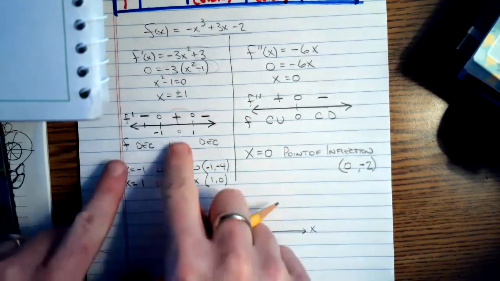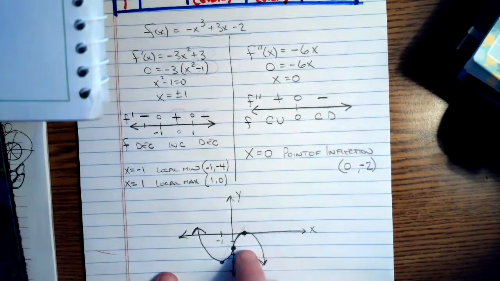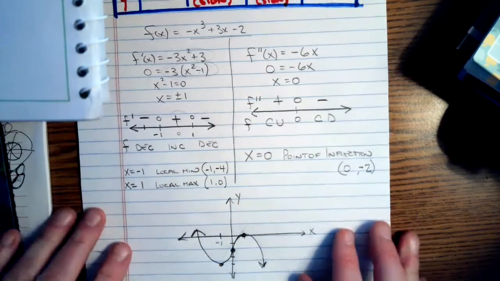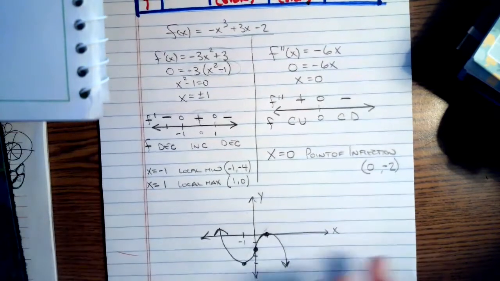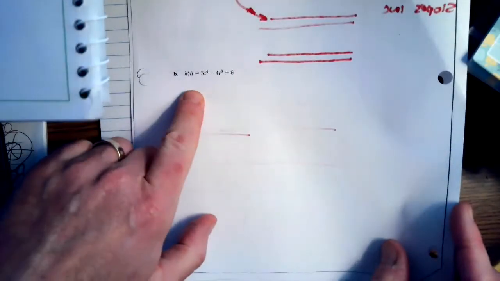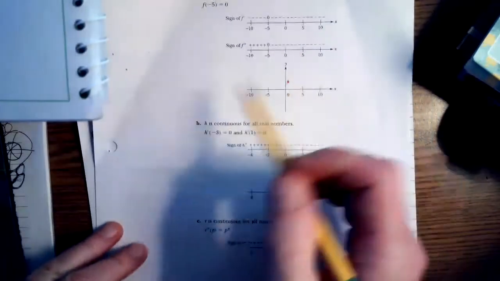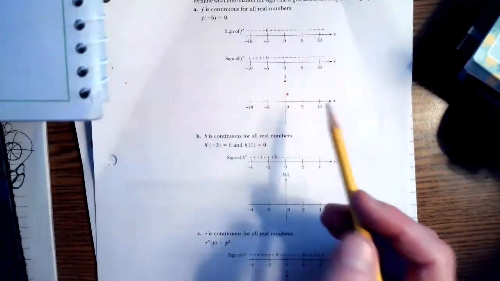So not only with my critical points can I plot the points, but I can also describe the behavior in between. This is a perfect example of what I'd like to see for part A, and then you're going to do part B as well in this section. But then the next part doesn't give you the equations, it actually gives you the sign charts.